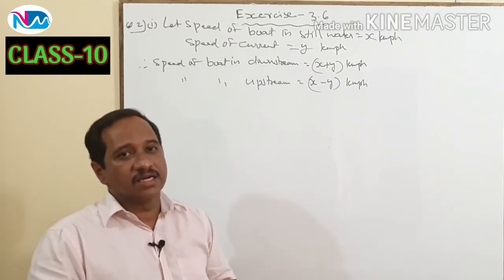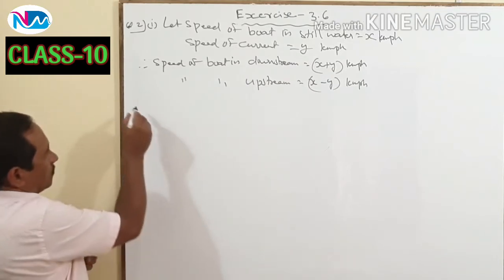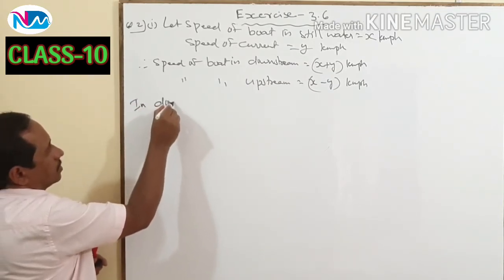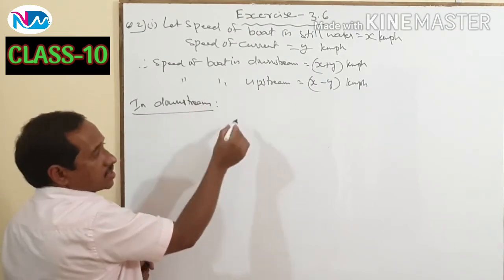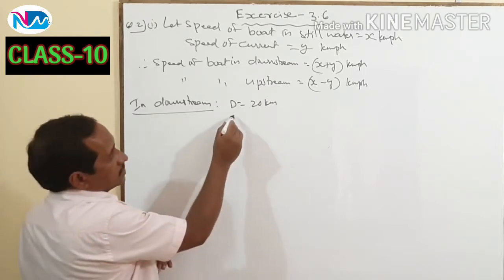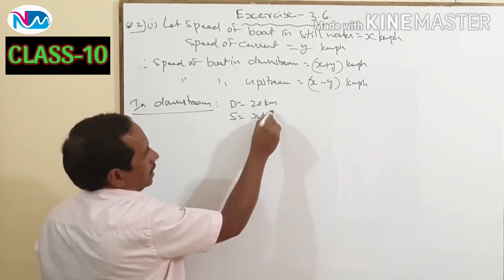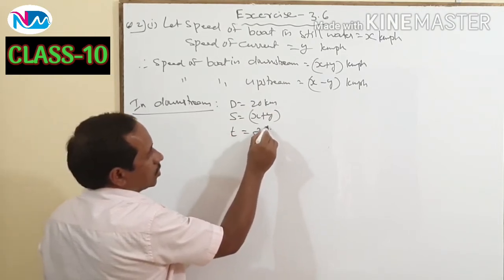We know that distance is equal to speed into time. In downstream, the distance covered is equal to 20 km. Speed is x plus y and the time is 2 hours.